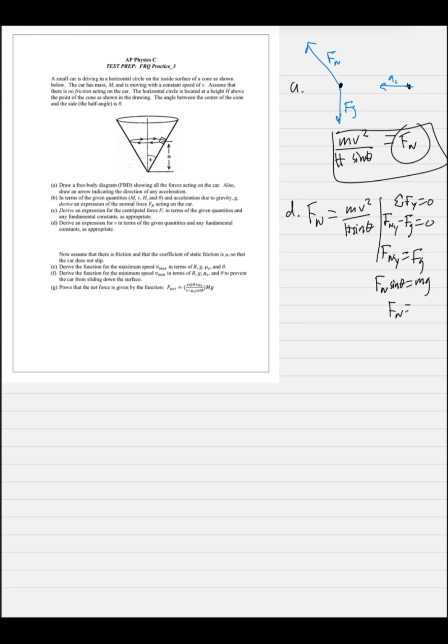And then I'll isolate Fn because that's what we're trying to solve for. Then I'll plug that back in here. The sine theta cancels out. And that m also cancels out. And rearranging the function, we get v equals square root of gh.